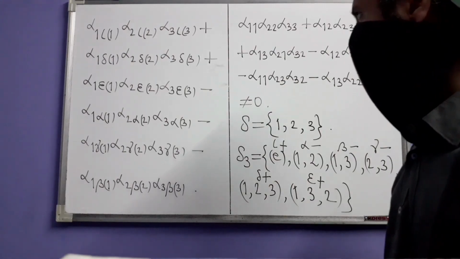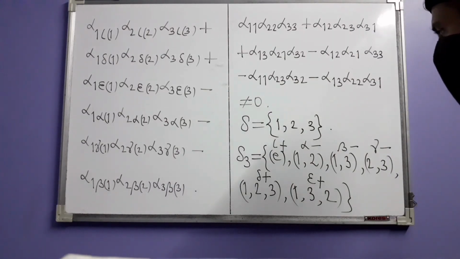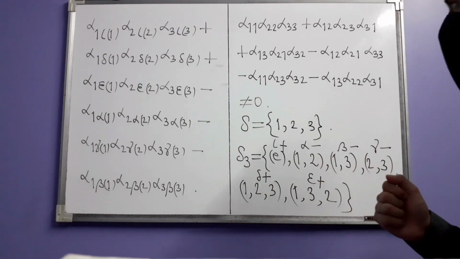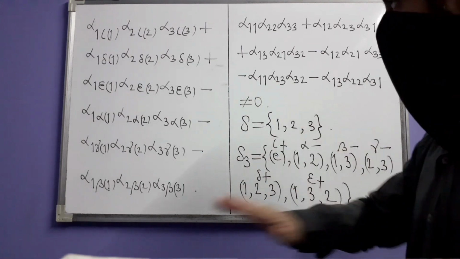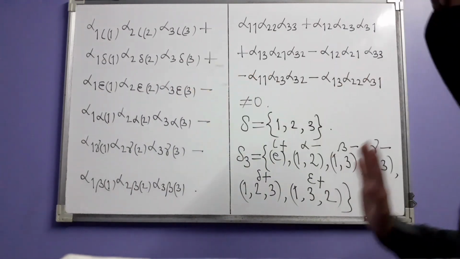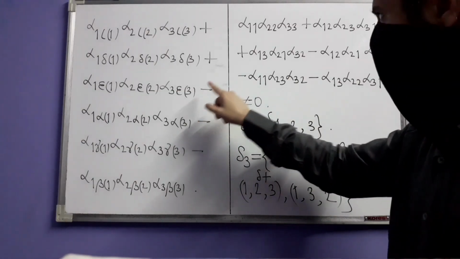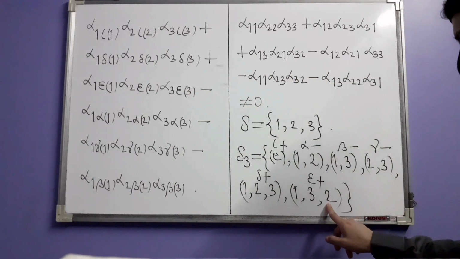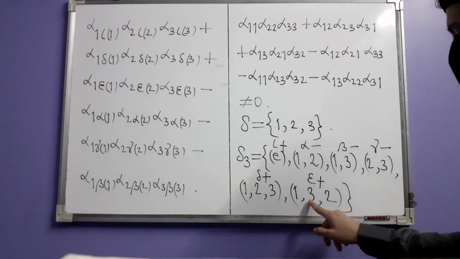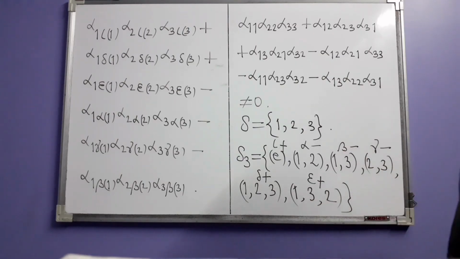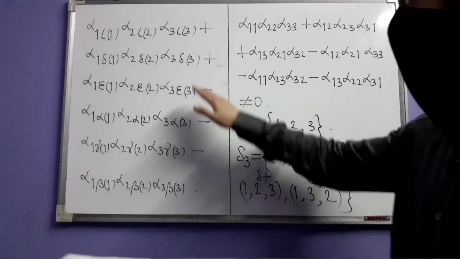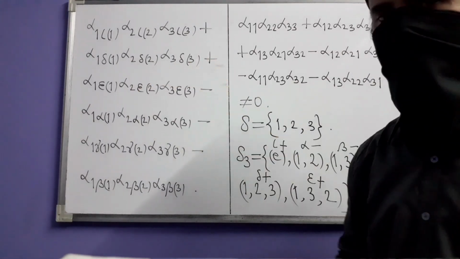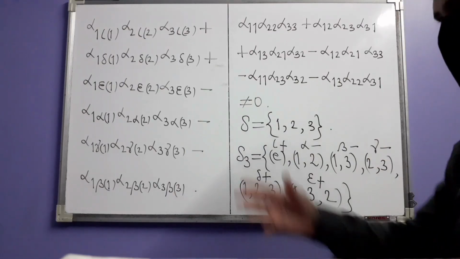Am I saying it correctly or did I make any mistake? No, okay, because this one I have already considered. Fine. So in place of this 2, we are writing epsilon of 3, because epsilon maps 3 to 2. And this is also an even permutation, so that is why there is a plus before this term.